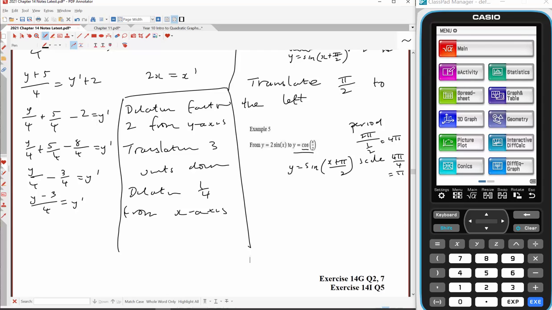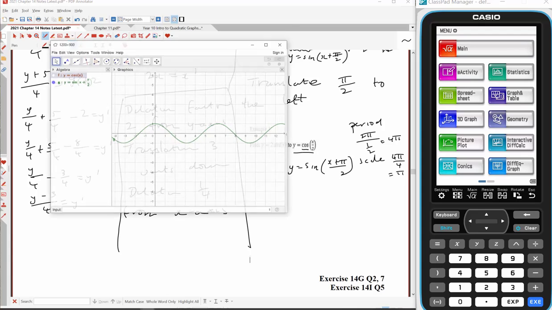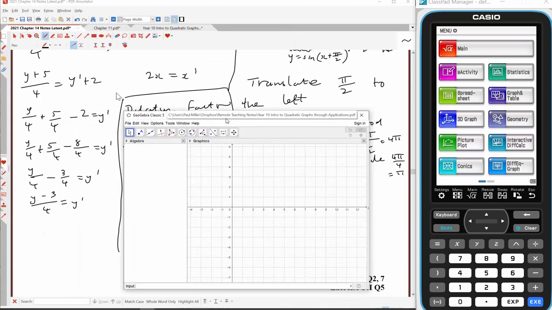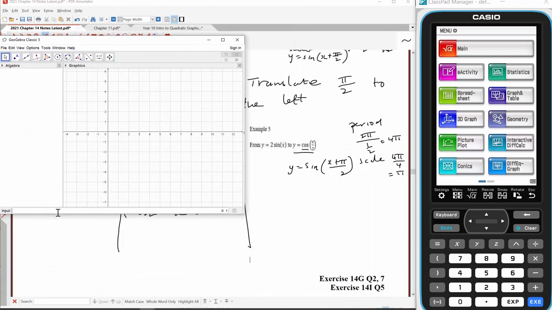All right, so let's just try it out. Okay, so I'll get rid of u and u. Graph my original, which is y equals cosine of x on 2, and y equals sine of x plus pi over 2.